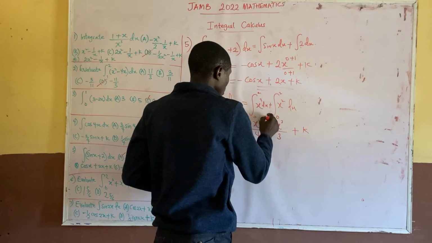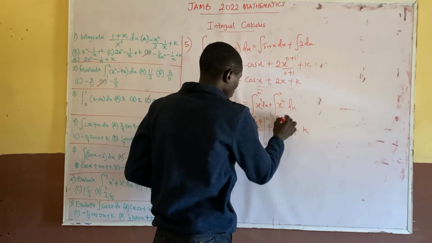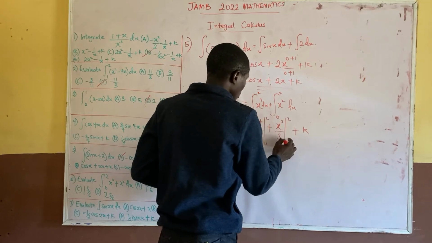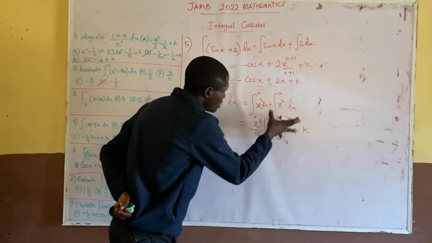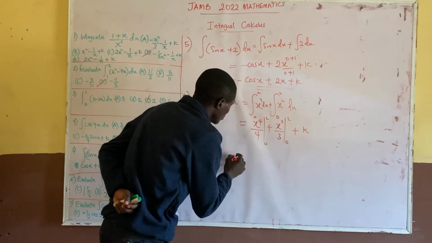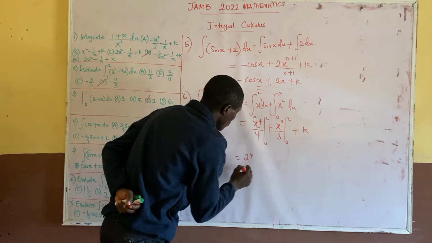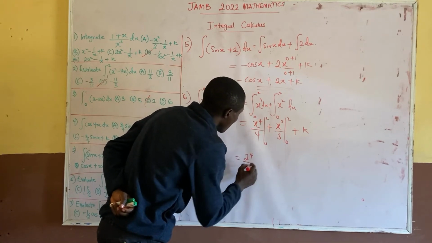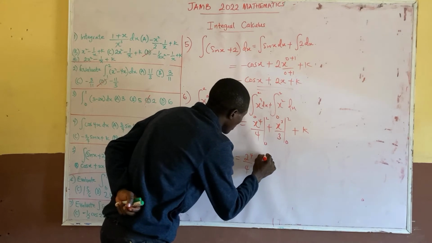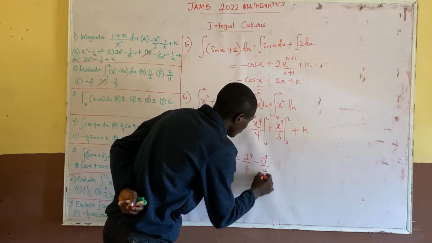So we substitute the boundary. For the first section, we have 2 raised to power 4 all over 4 minus 0 raised to power 4 all over 4.